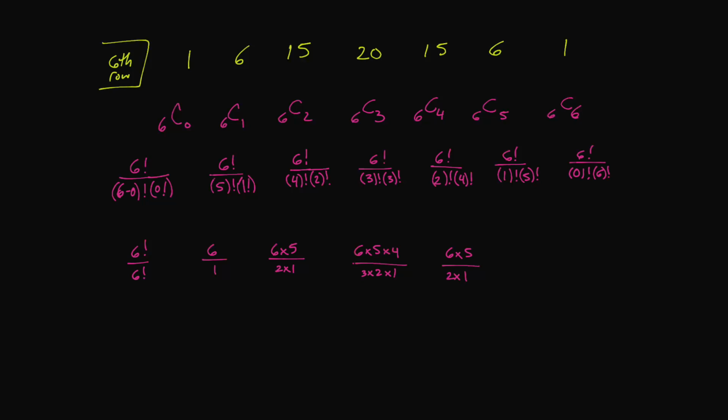We're actually left with 2 times 1. This one's going to be 6 over 1, and this one's going to be 6 factorial over 6 factorial. And we end up simply reducing all these to 1, 6, 30 divided by 2 is 15, and we have 30 times 4, that's 120, divided by 6, that'll be 20, and then 15, 6, and 1.